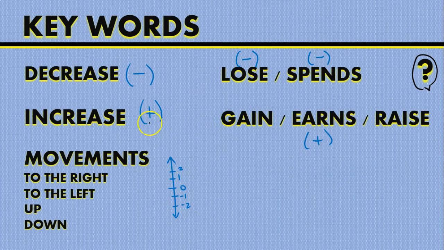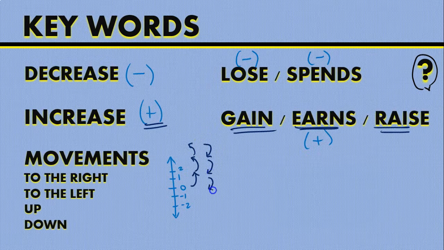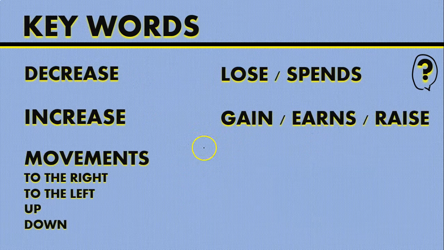Whenever we have an increase or a gain or an earning or a raise in money or temperature, we're going to be moving up the number line. But whenever we have a decrease or a loss or we're spending, and it's mentioned in the problem, the movement is going to be down towards the negative numbers. So it's pretty useful to remember these keywords in order to express those movements in the number line.